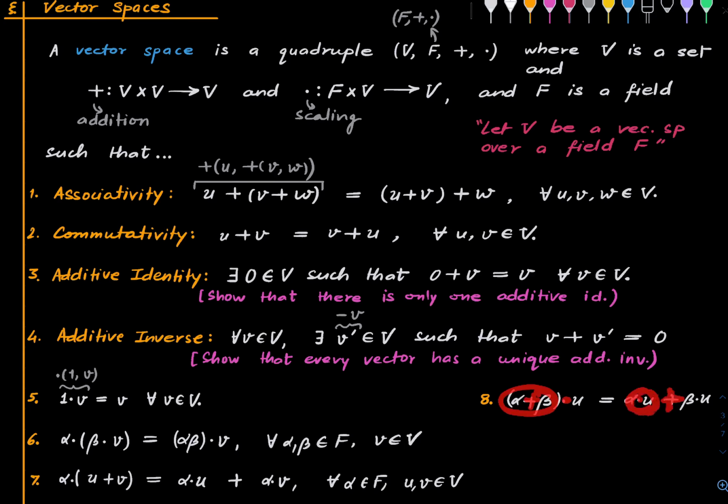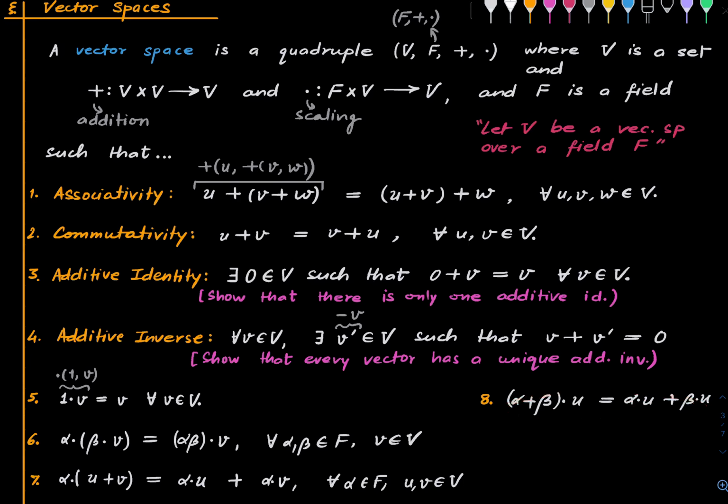These are two vectors which you are adding. So in the R2 example, either you do (1 plus 1) dot u, so you're scaling a vector by 2, or you scale the vector by 1 and by 1 and then add. It's the same thing, and that's what we are capturing via this axiom.